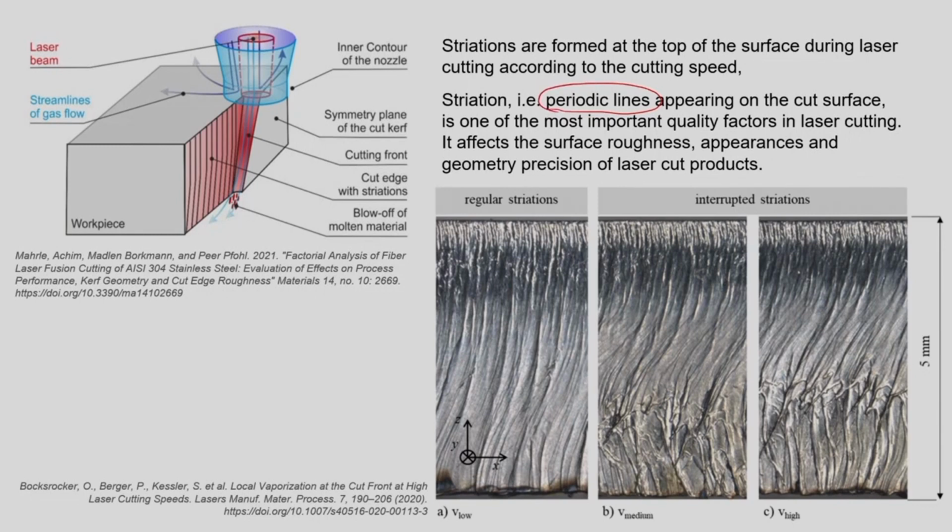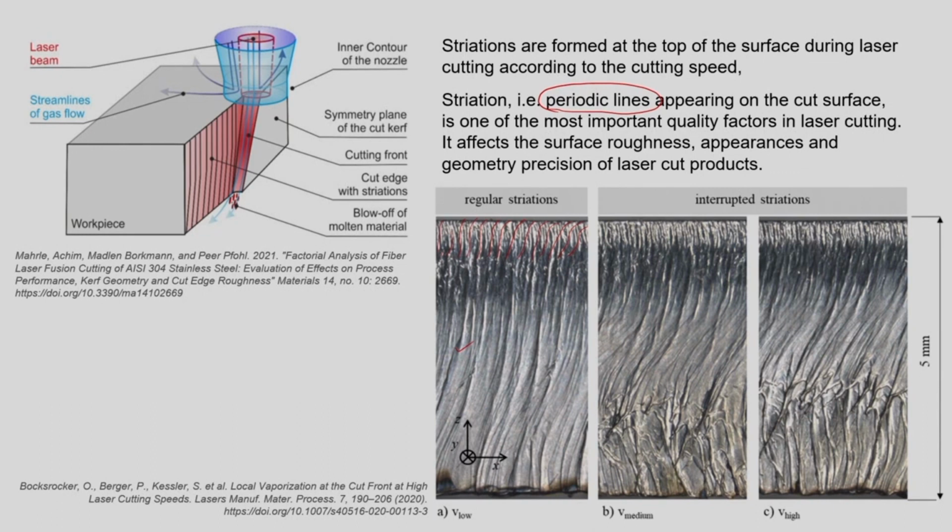Here you can see a cut surface, and you can notice that there are striations generated on the surface of the cut. The striations are generated due to the melting and flushing away of the molten material during the application of the inert gas.